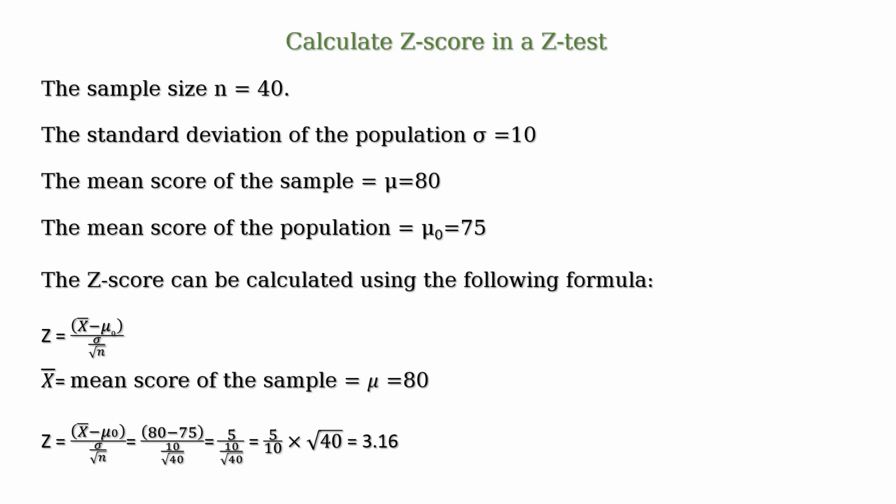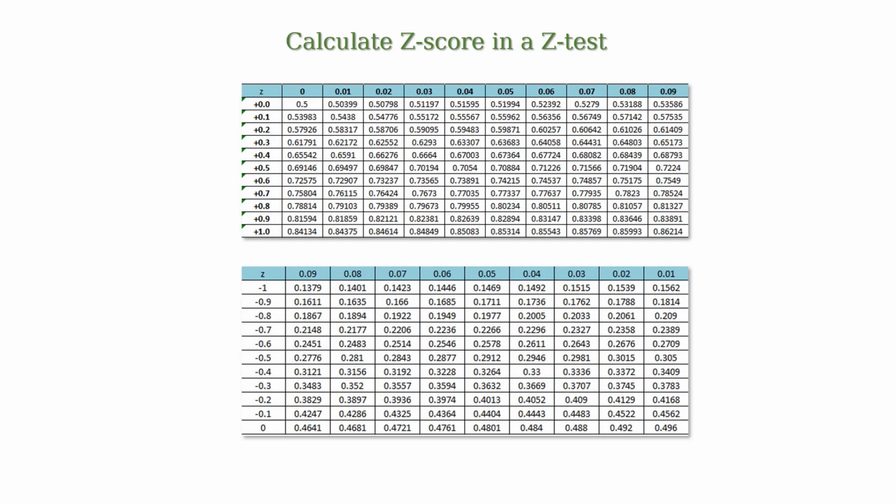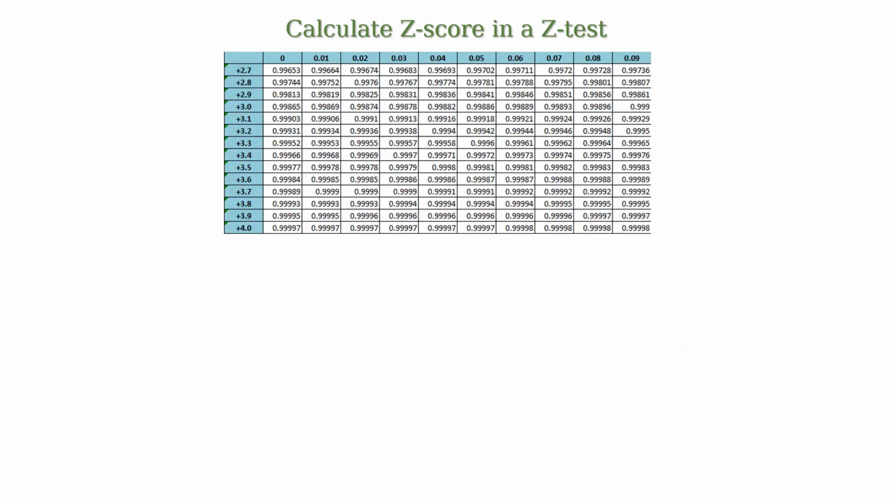Now, we can look at the z-table to find out the p-value corresponding to the z-score. Please note that there are two z-tables, one for positive z-scores and one for negative z-scores. In our case, the z-score is positive. So, we will look at the positive z-score table. Here is the positive z-score table.